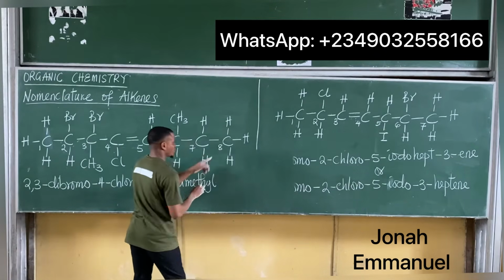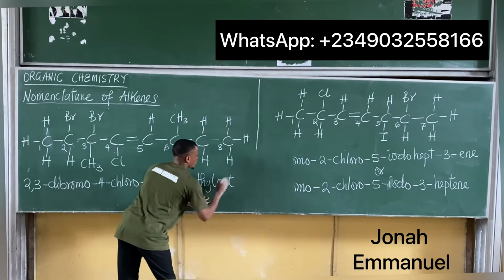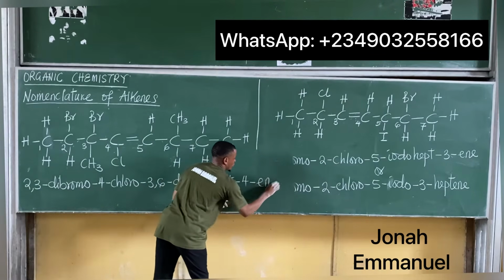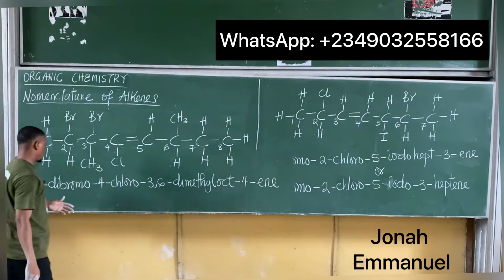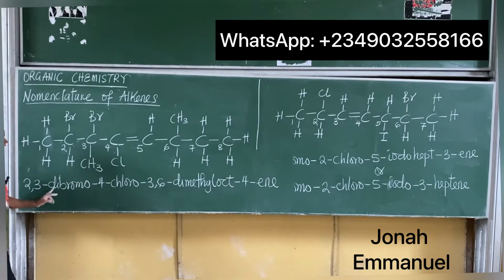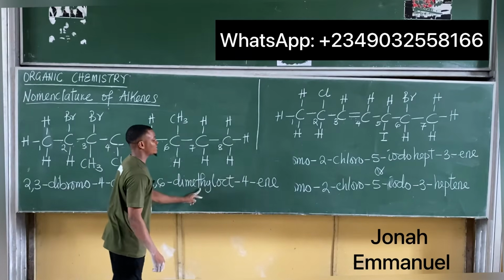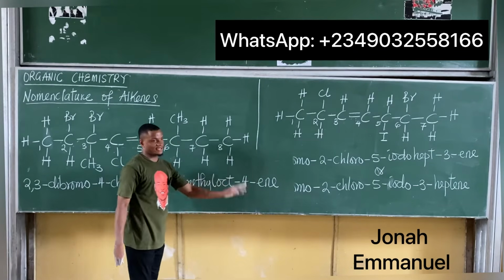That becomes oct. 8 is oct. Oct 4 ene. Or 2, 3 dibromo, 4 chloro, 3, 6 dimethyl, 4 octene.